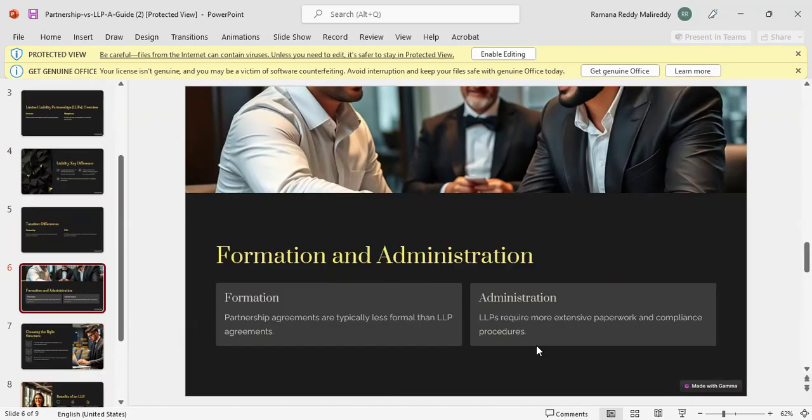Even in compliance procedure, there are certain forms that need to be filed with the Ministry of Corporate Affairs. Annual returns have to be filed with MCA. And if there is a change in the LLP agreement, again certain forms need to be filed with the Ministry of Corporate Affairs.